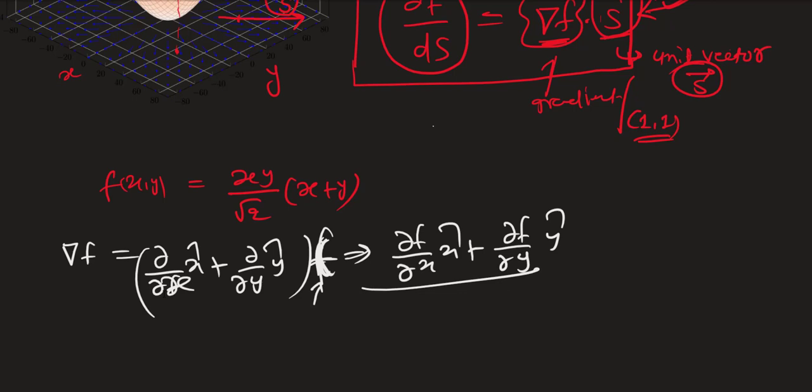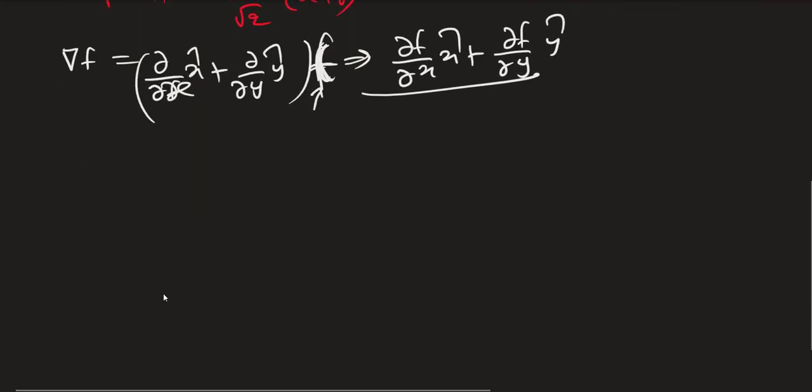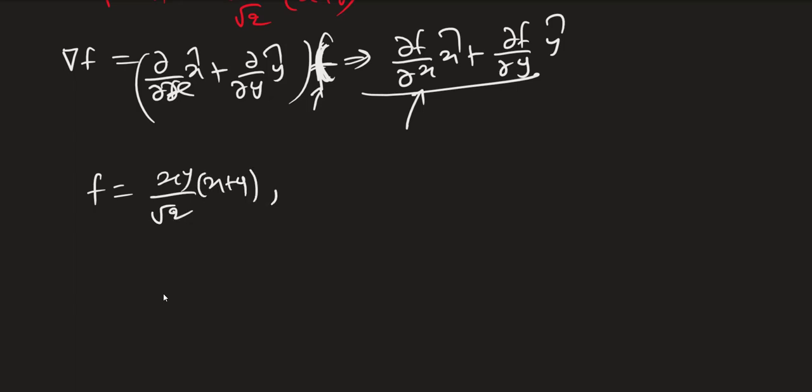Now let's calculate del f by del x. When we are calculating this partial derivative del f by del x, we have to keep the y constant. This is the definition of partial derivative. Now f is given by xy under root 2x plus y. Now for del f by del x, just keep the y constant and differentiate it.